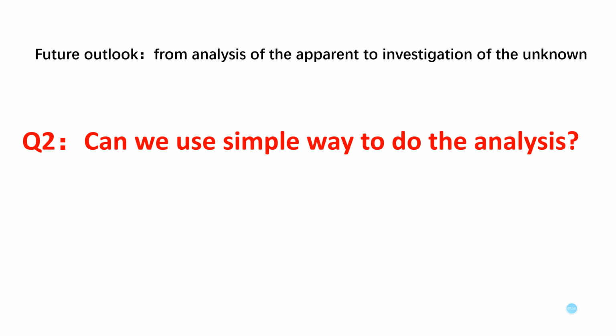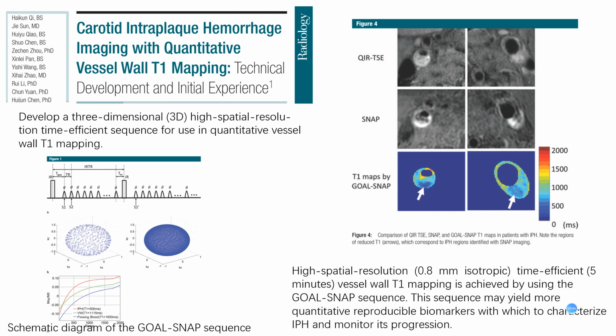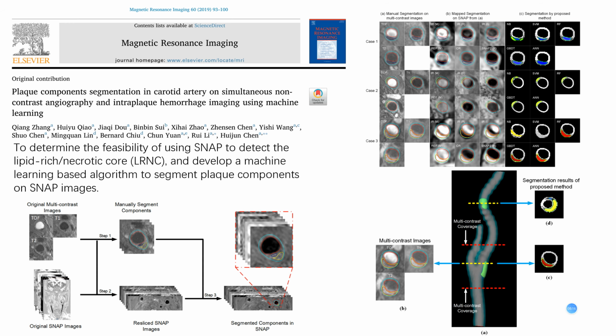How can we use a simple way to do the analysis? Yuan's group developed a 3D high spatial resolution time-efficient sequence named GoSNAP for use in quantitative vessel wall T1 mapping. They also developed a machine learning-based algorithm to segment plaque components on SNAP images.